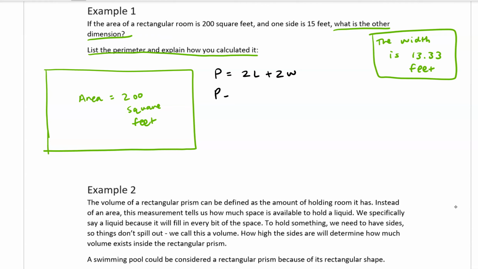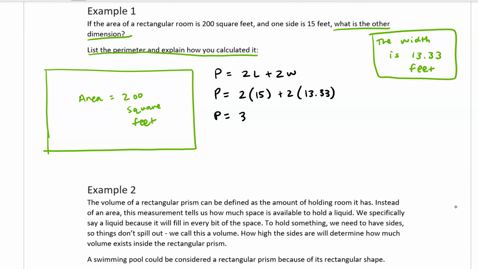So the perimeter is equal to 2 times the length, which we know is 15, and 2 times the width, which is 13.33. And so we want to go ahead and simplify that to figure out what our perimeter value is. And if I use order of operations, I'm going to do multiplication first.